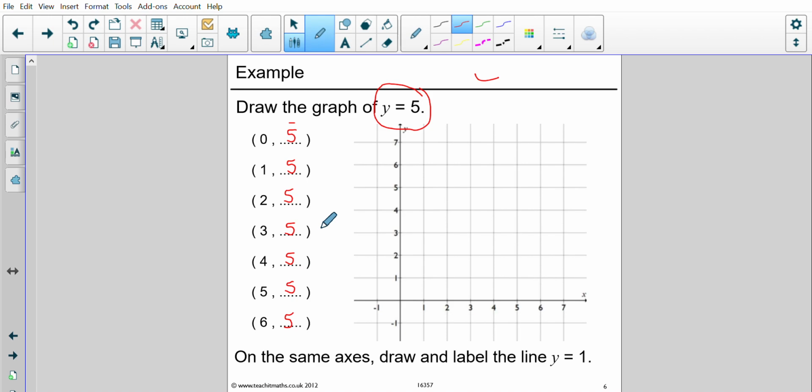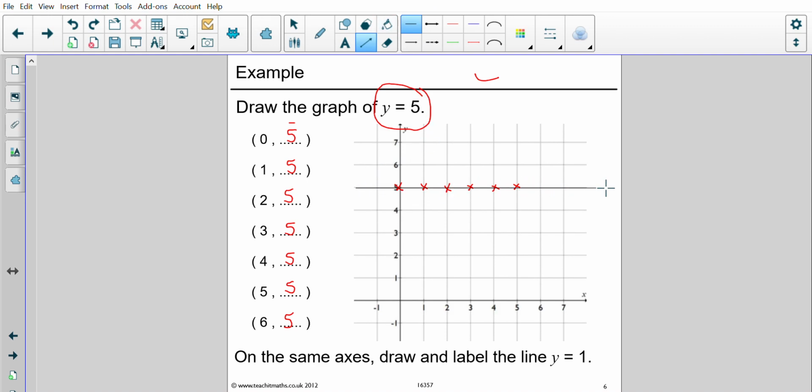If we plot those points, let's see what our graph is going to look like. 0, 5; 1, 5; 2, 5; 3, 5; 4, 5; and 6, 5. When I draw in my line, you're going to use a ruler and a pencil.